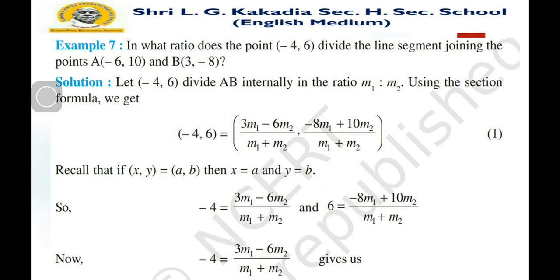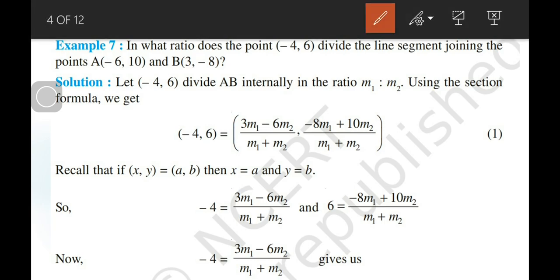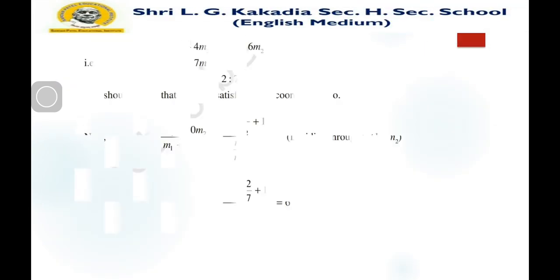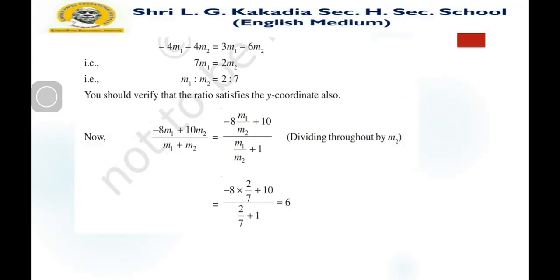Minus 4 is equal to (3m1 minus 6m2) upon m1 plus m2. Now multiply this denominator with the numerator on the other side, and we get the next step: minus 4m1 minus 4m2 is equal to 3m1 minus 6m2.